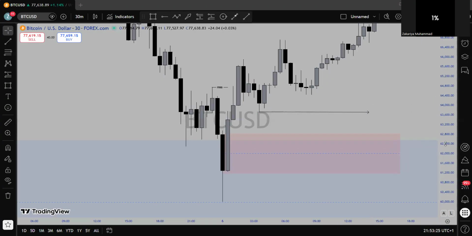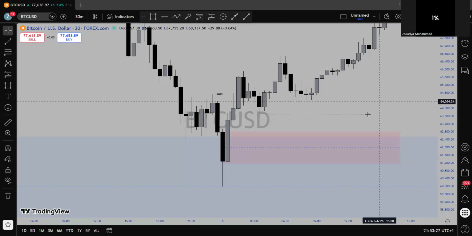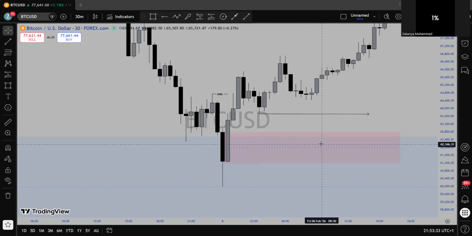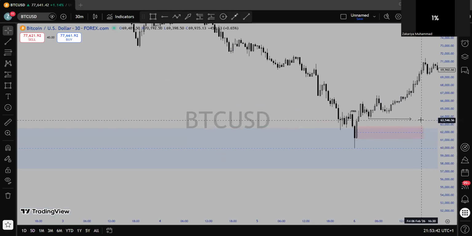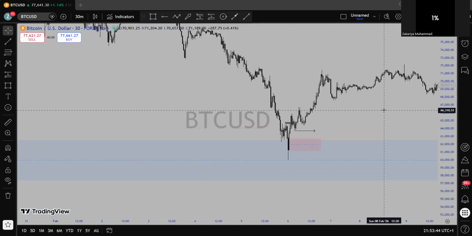Then the fourth rule says we should choose the point of interest that is closest to the inducement. This is the only other point of interest we have, the other block, and it's close to our inducement. So anytime the market returns to this zone, this is where we expect a continuation of the buy. So let's zoom out.